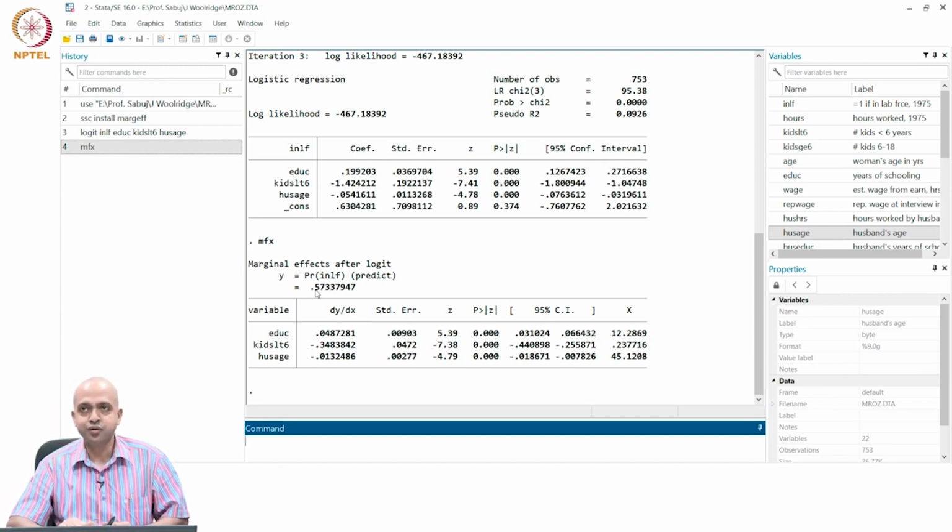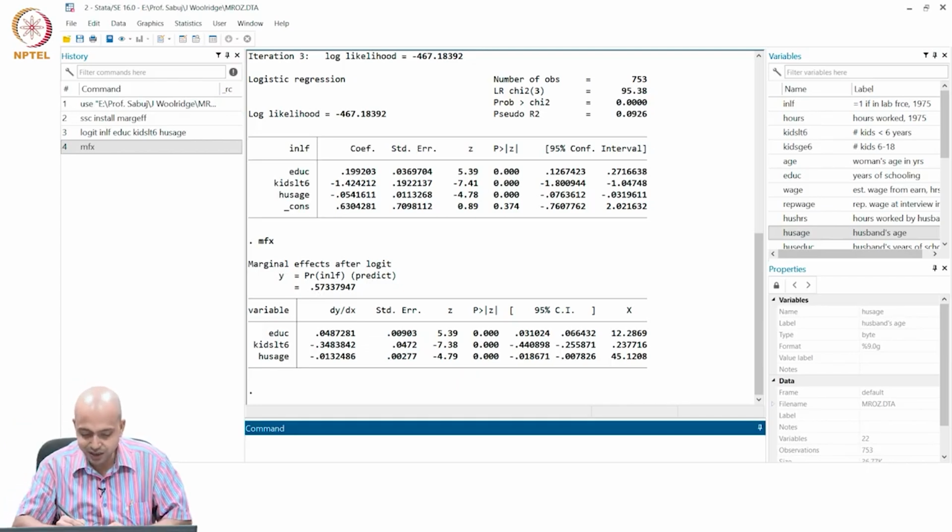How will you calculate it? When your model is yi equals alpha plus beta xi, when income changes by 1 unit, your consumption changes by this many units. And what is the reference point for consumption? That is actually yi hat.